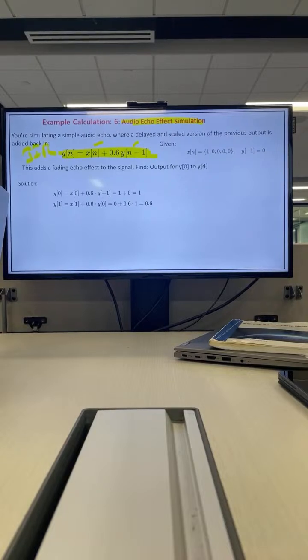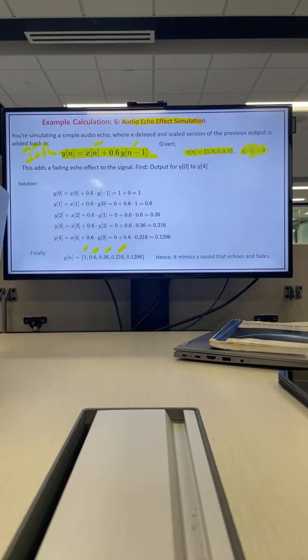Now this is the function given here, for a data of 10000 here, and y of n, the previous value, is given as 0. If you calculate it, you get the value 1, then 0.6, then for the third data 0.36, for the fourth data 0.216, and what you can observe here is that it mimics the sound, echoes and fades.